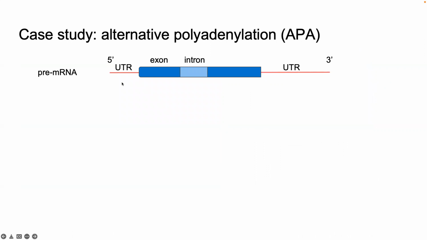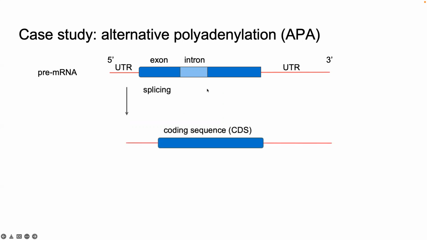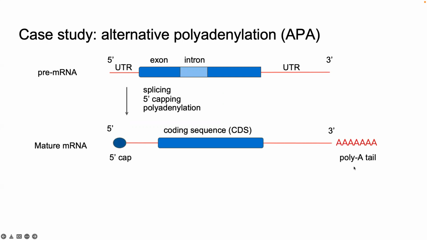Just as some background, pre-mRNA is transcribed from genomic DNA, and it has several regions like UTRs, untranslated regions, and then exons and introns that make up the coding region. And there are several key processing steps that are undergone to process the pre-mRNA, namely splicing, the removal of introns and joining of exons, 5' end capping, and cleavage and polyadenylation, where the pre-mRNA is cleaved and a poly-A tail is added.